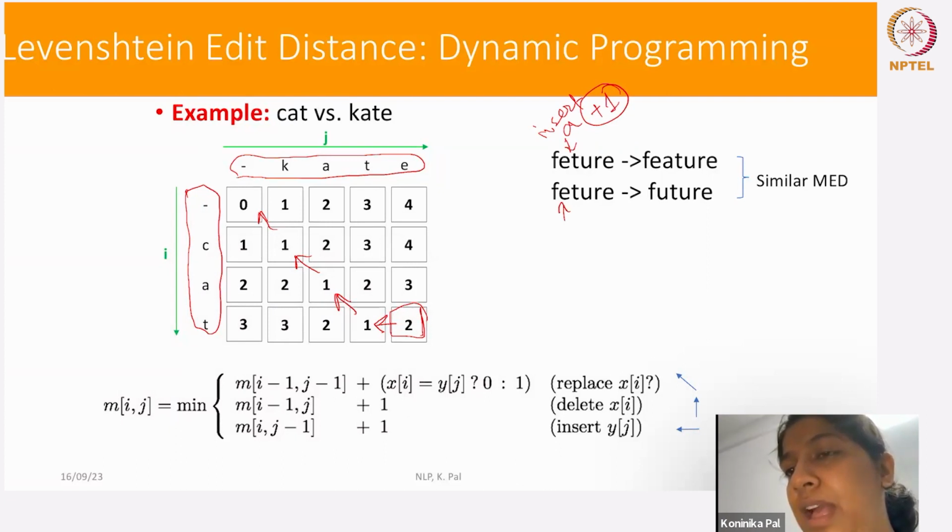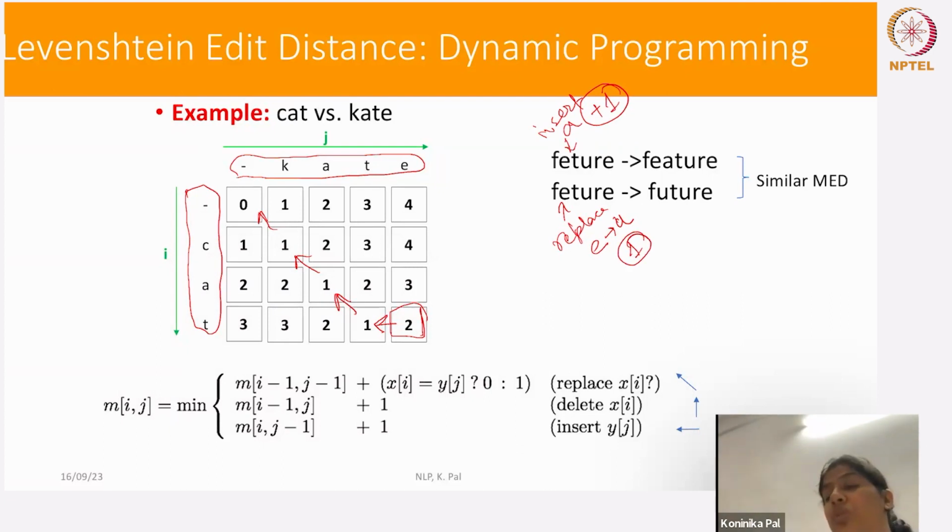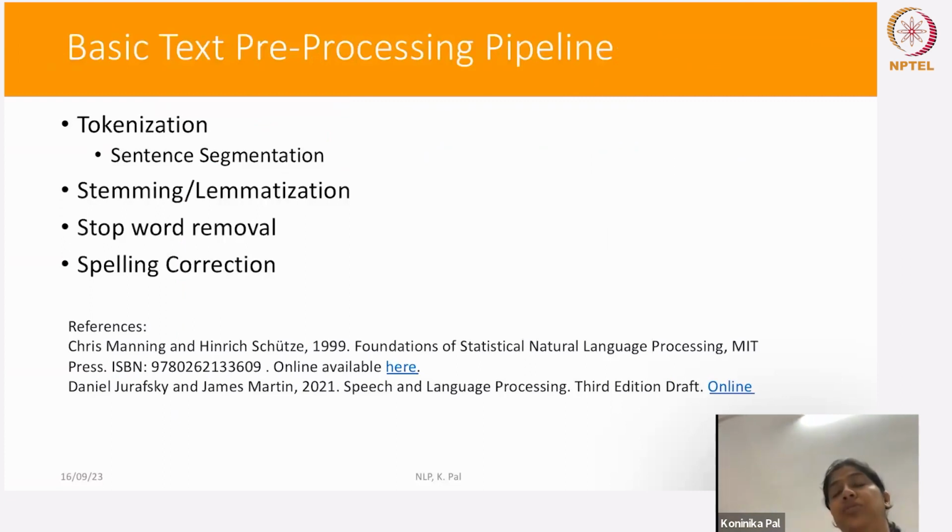And here I have to replace E with U. That is also one single operation. So there is a possibility to map this to multiple units, but then there is a context which you need to use to find exactly what the meaning of the word is. If the previous word is bright, then maybe it's the future. If the previous word is sharp, then maybe it's the future.